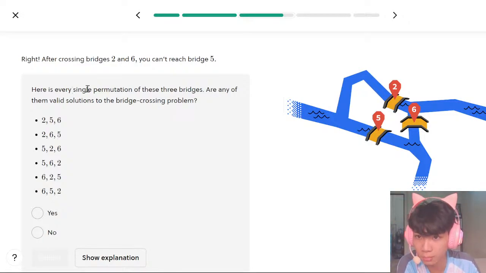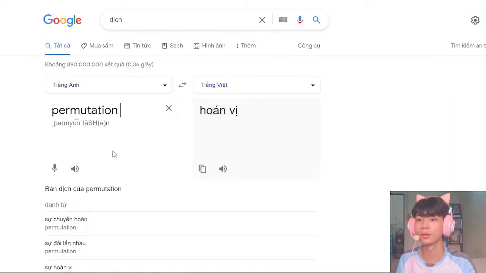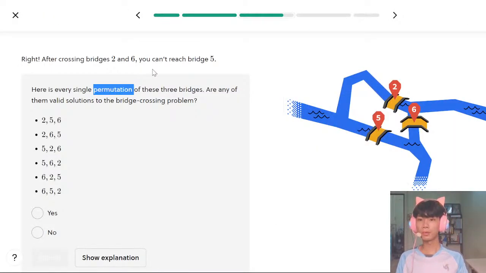Here is every permutation of these 3 bridges. Are any of them a valid solution to the bridge crossing problem? Nope.